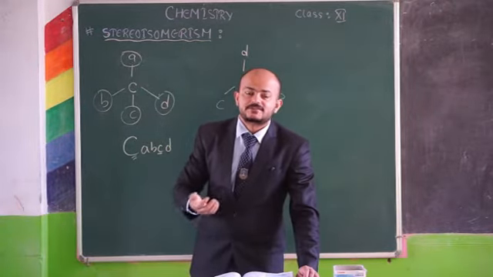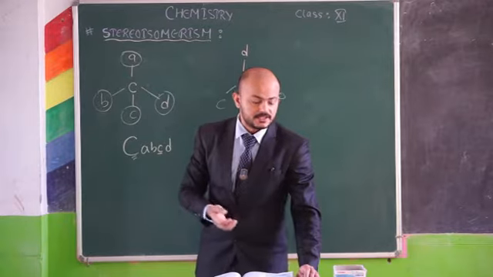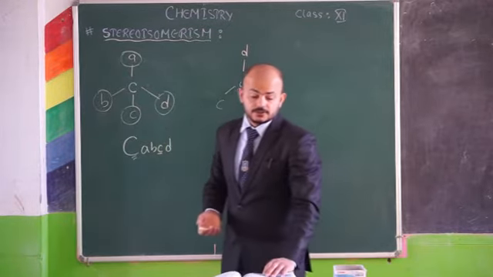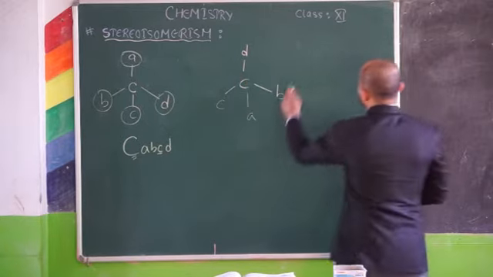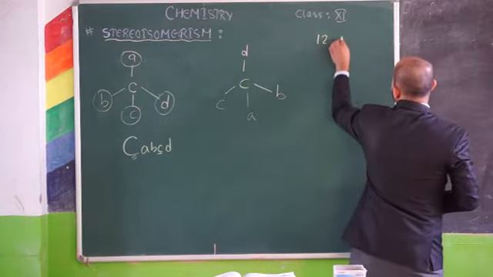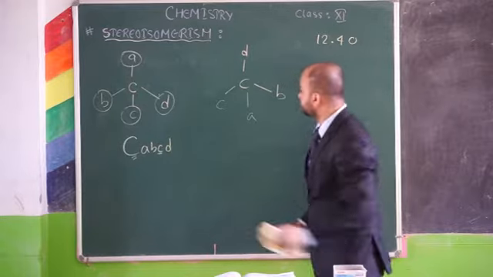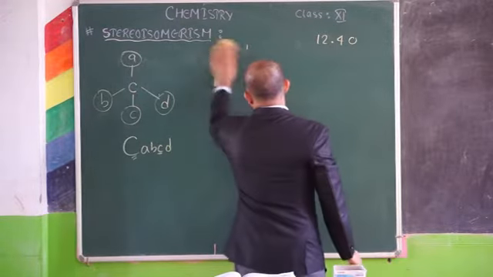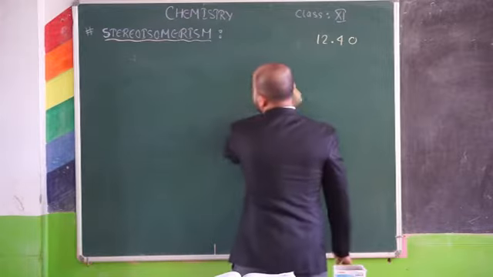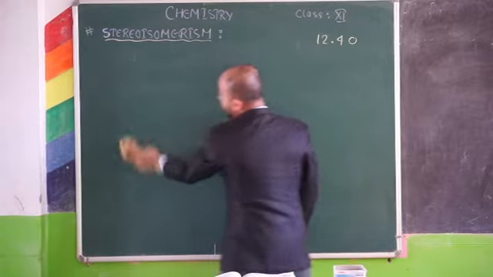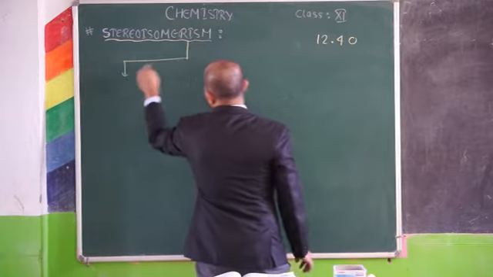Stereoisomerism is further classified into conformational isomerism and configurational isomerism. You can refer to page number 12.40 in your book. Again, this stereoisomerism is classified into 2 types.